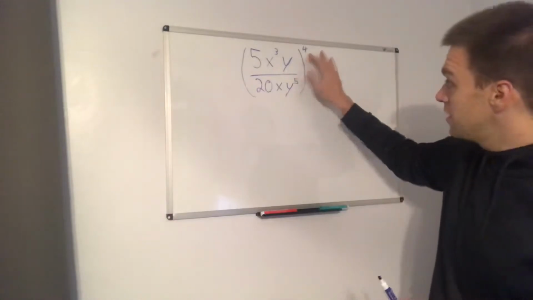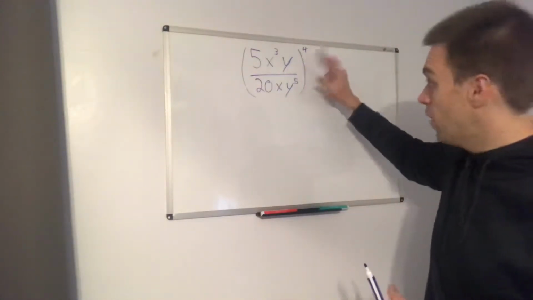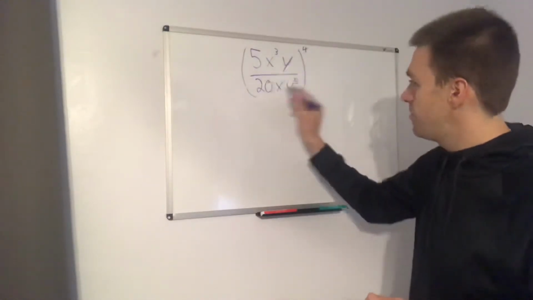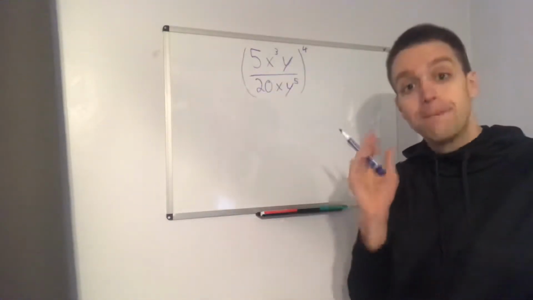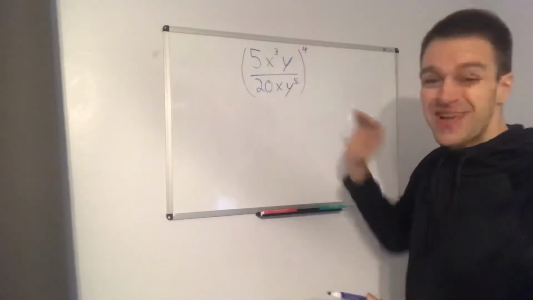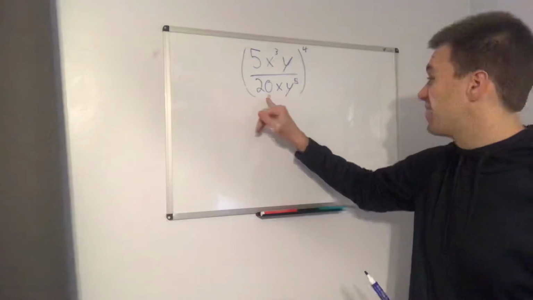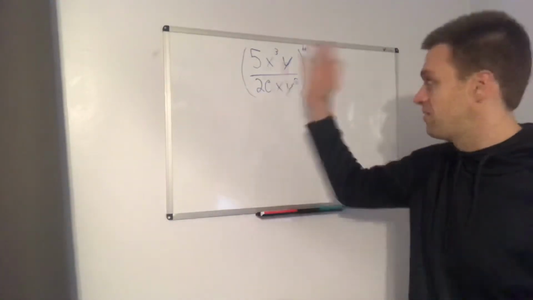So we could get rid of that 4 outside right away and put it inside. So if we did that, we'd have to raise every term in here to the 4th power. But we can also simplify inside the parentheses first, and that's going to save us a little bit of time so we don't have to raise 20 to the 4th power and 5 to the 4th power and figure out what those are.